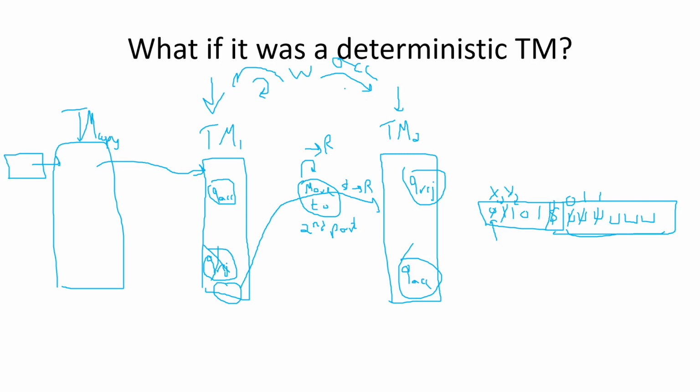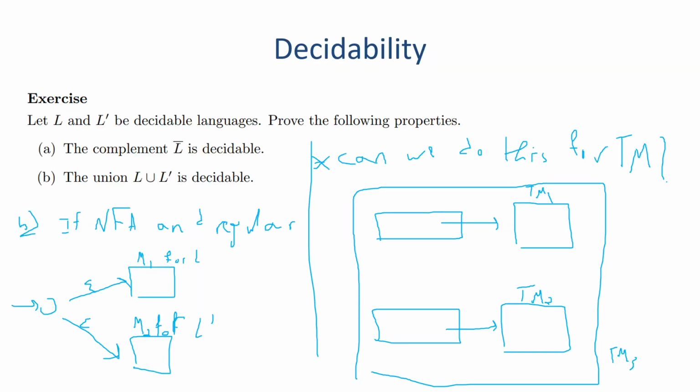If this happens, and you built your machine like this, you're always going to be stuck at Turing Machine 1. You never reach Turing Machine 2, so you never accept, even though you should. Whereas here, if it had looped in the first machine, well, the other machine will accept it and you'll simply stop.